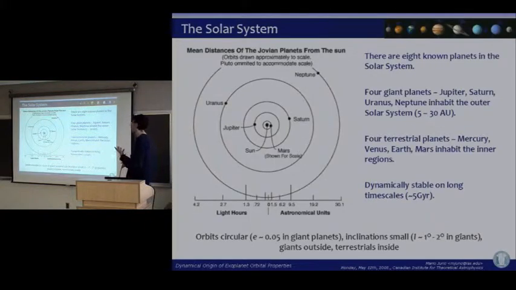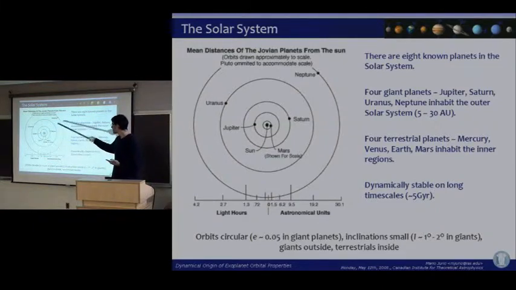For those of you who are not in this field, let me give you the quick explanation of what the problem is. So this here is the solar system, with 8 planets as it was up until 1930. This is what we used to think exosolar planetary systems would look like as well.